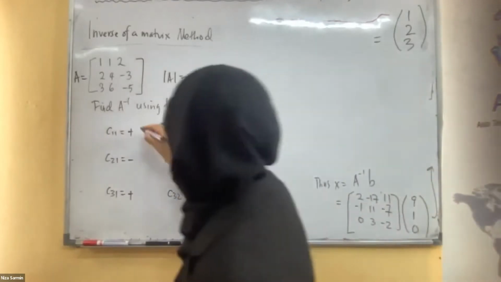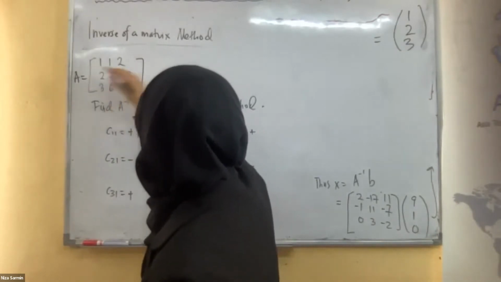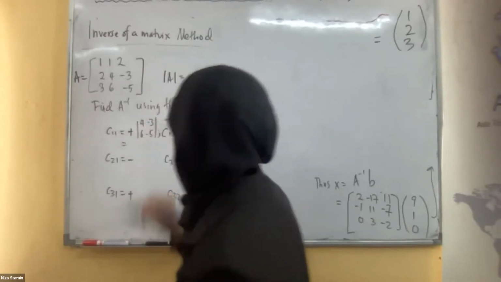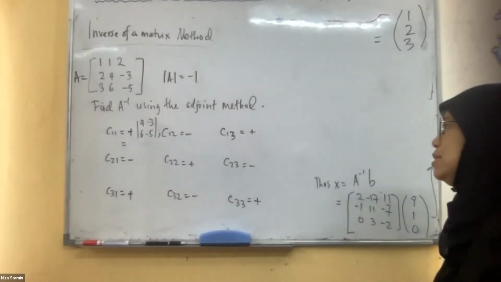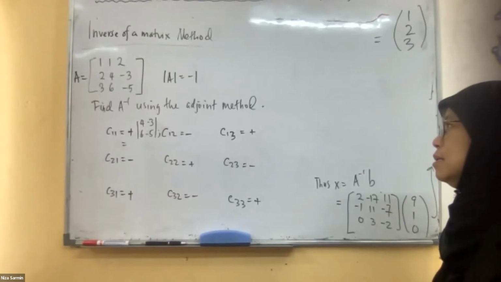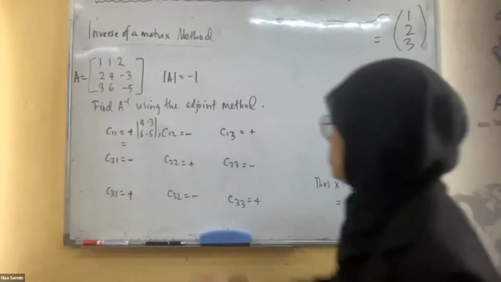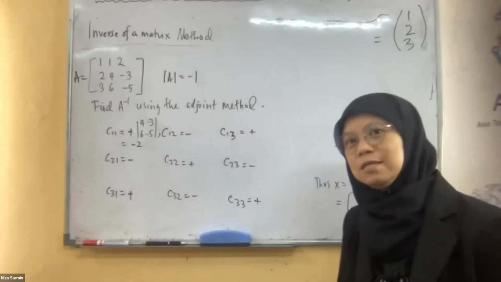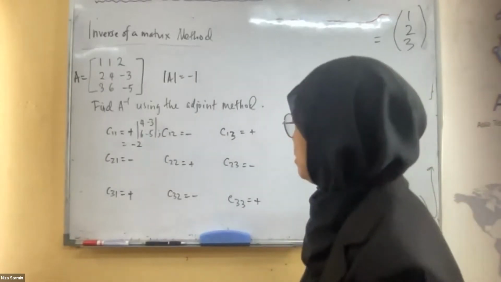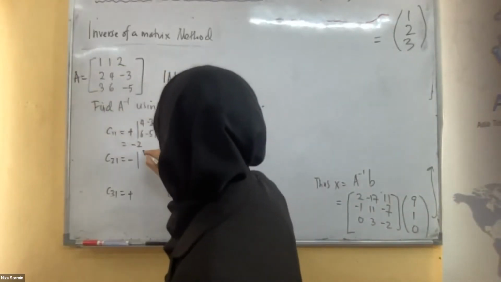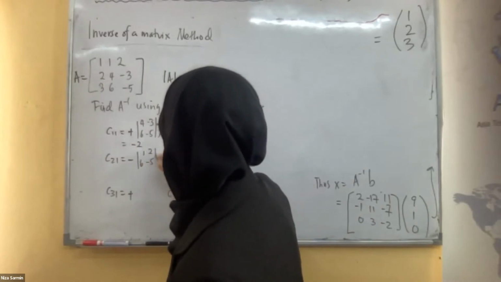So for this one it is 4, -3, 6, -5. -20 minus plus 18, which is -2. -20 minus -18, -20 plus 18. Okay, the second one, 1, 2, 6, -5.